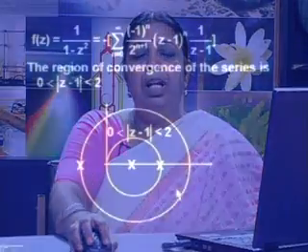Modulus of z minus 1 greater than 0 will take care that z equal to 1 is not included in the annulus where the function needs to be analytic, and only then Laurent series will be applicable. So, the region of convergence of the series is modulus of z minus 1 lying between 0 and 2. That is what has been shown here.